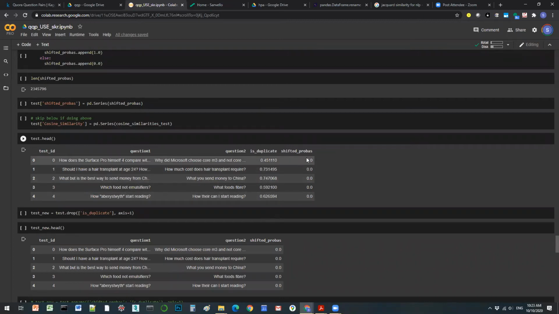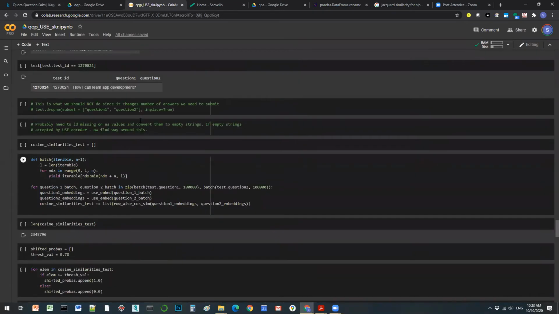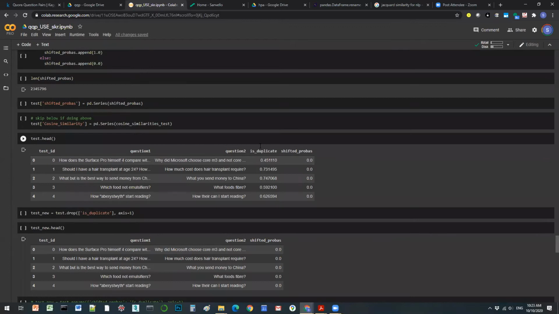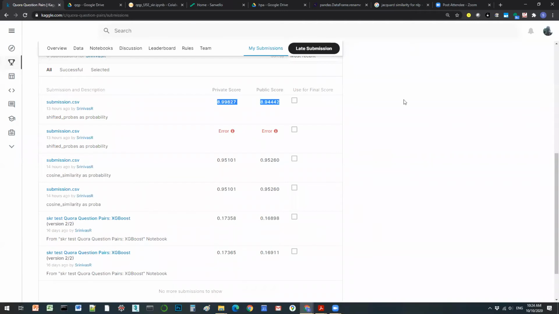And then, in the shifted probus, I used this column and applied the threshold of 0.78, which through this earlier code we had identified was the best threshold, meaning the threshold that gave the best accuracy on the training set. So assume that applies for the test set as well, and I applied it to this data to get the shifted probus. And then I submitted that result, and you saw what happened. I mean, I got even worse results.